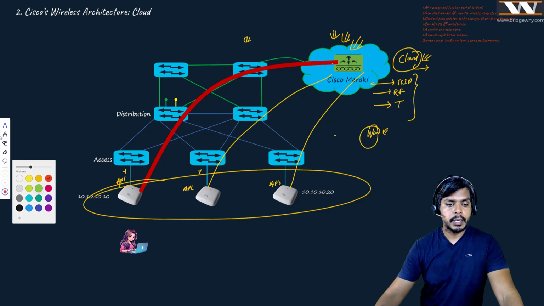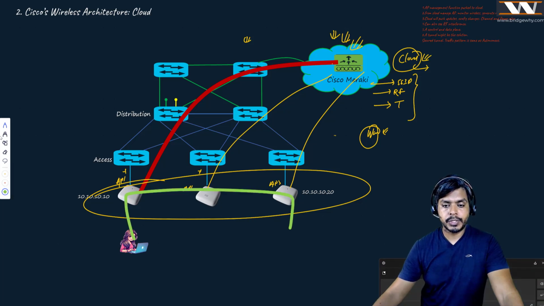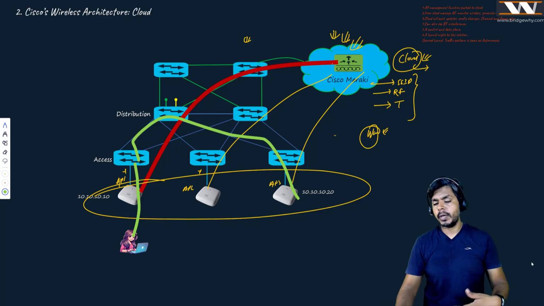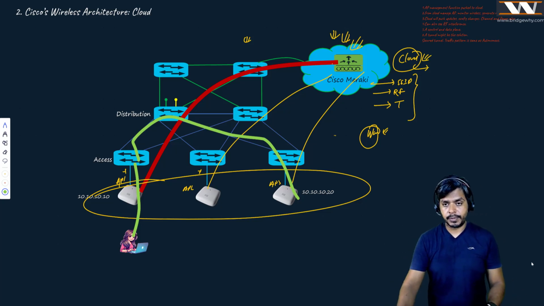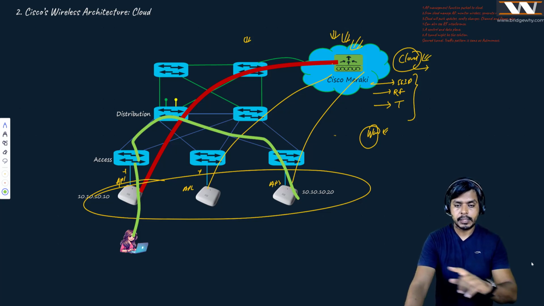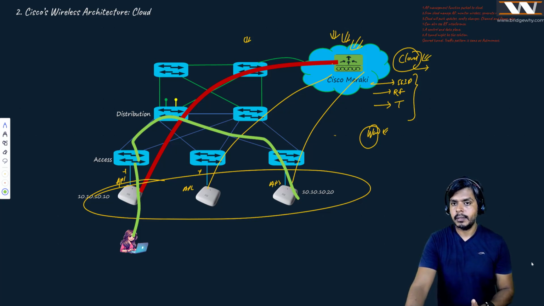The meaning is, if this guy wants to communicate to Rahul, the traffic flow will be the same from here to here, from here to here, towards the internet, toward whatever I showcased you previously. There is no difference between the traffic flow. But yes, we have a single pane of glass through which we can configure, manage, and maintain all these APs from one single place, which is maybe the Cisco Meraki dashboard.